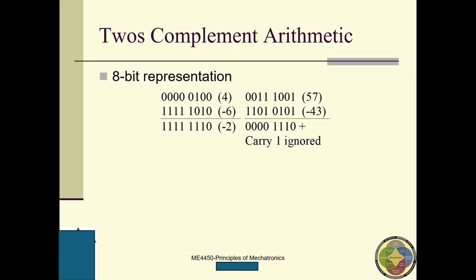Okay? As I said, this one must be performed using 4 plus minus 6. And then I use the single 4. This is my 4: 0, 0, 0, 0 for my first 4 bits and 0, 1, 0, 0. Minus 6, this is my minus 6, right?